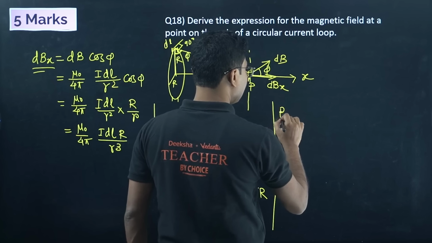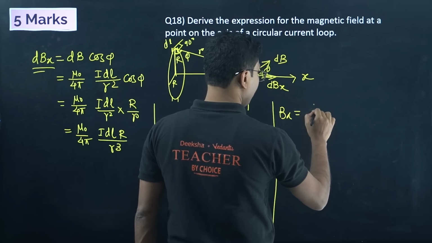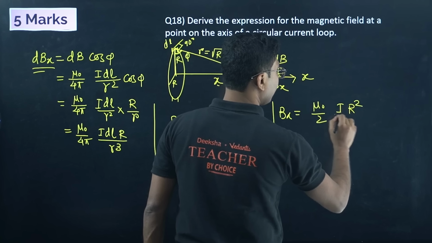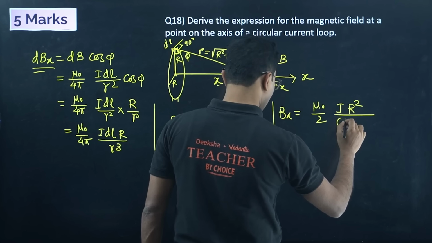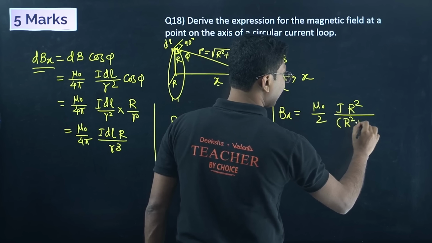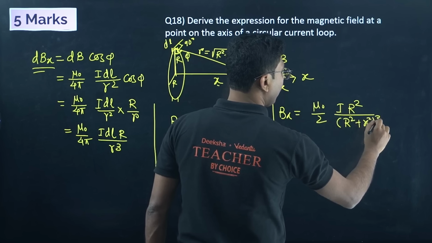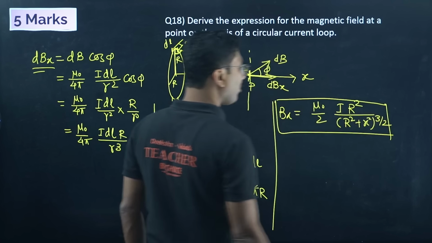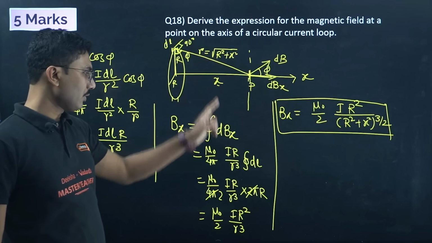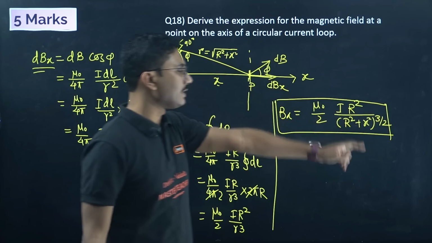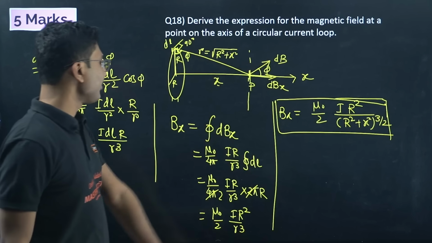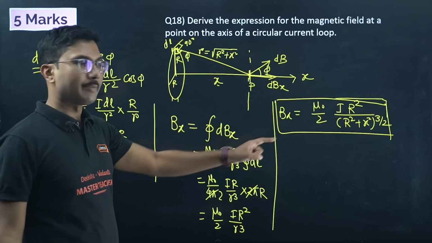So Bx equals μ0/2 I R² divided by (R² + x²) to the power 3/2. Here r is actually (R² + x²) to the power half, and here we have a cube, so that's why it is 3/2 in the power. This is a very easy derivation. Practice it and you should be able to answer.